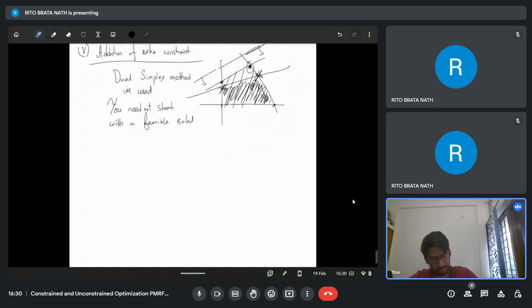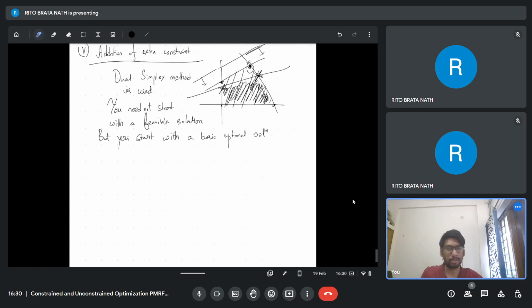So infeasibility is fine at the beginning, but you start with a basic optimal solution. That optimality is in the sense that it can violate feasibility. And then finally, what you have to do is check and get to a feasible solution, right? So that's the idea of the dual simplex method.